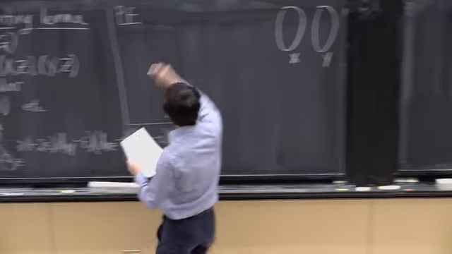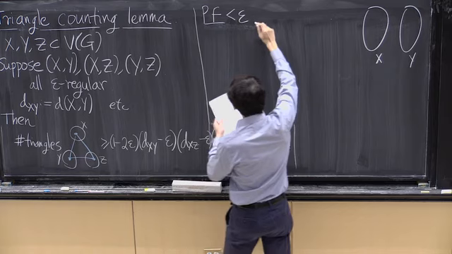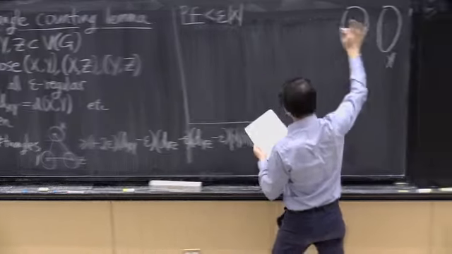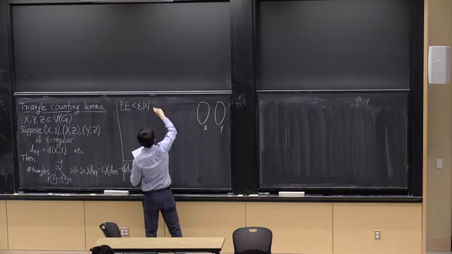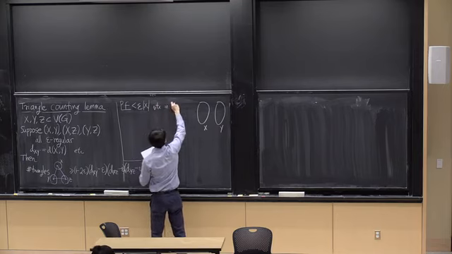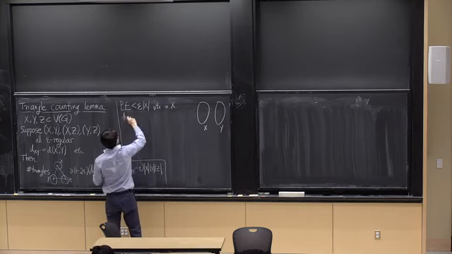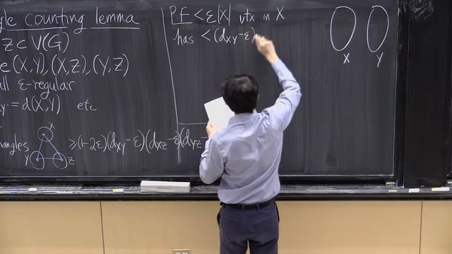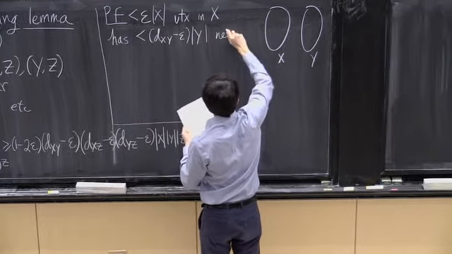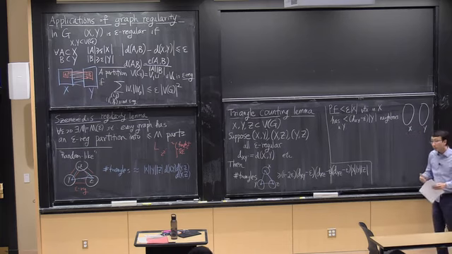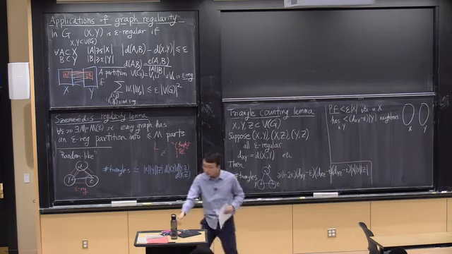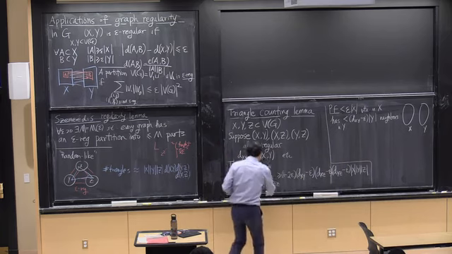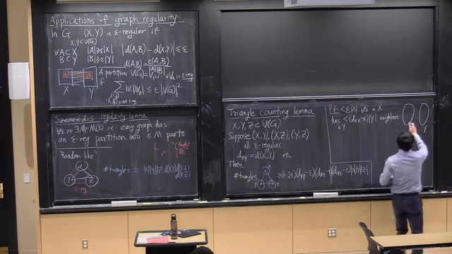And I claim that as a result of them being epsilon regular, fewer than epsilon fraction of x, so fewer than this many vertices in x, have a very small number of neighbors in y. Because if this were not the case, then you could violate the condition of epsilon regularity.